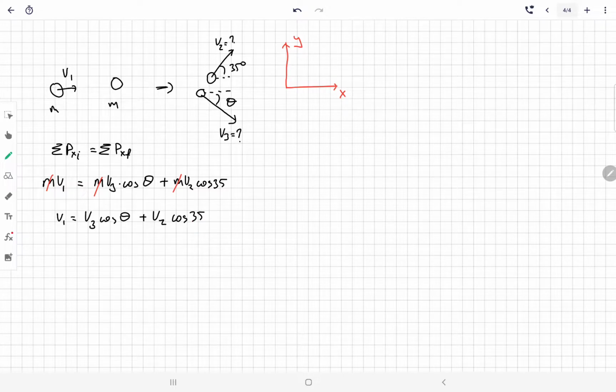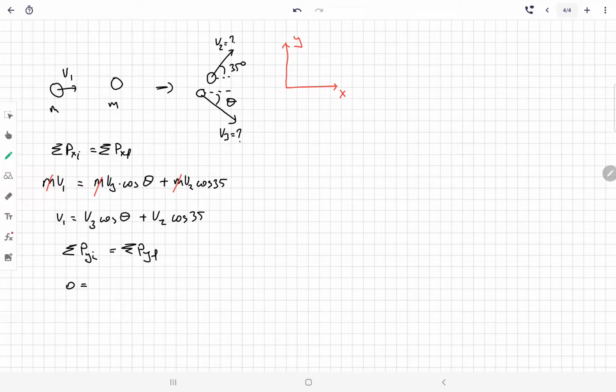Now let me apply the same logic in the y direction, the vertical direction. Total momentum in the y direction before collision should be equal to total momentum of the system after collision. Before, there is zero momentum in the vertical direction, because the motion is horizontal.